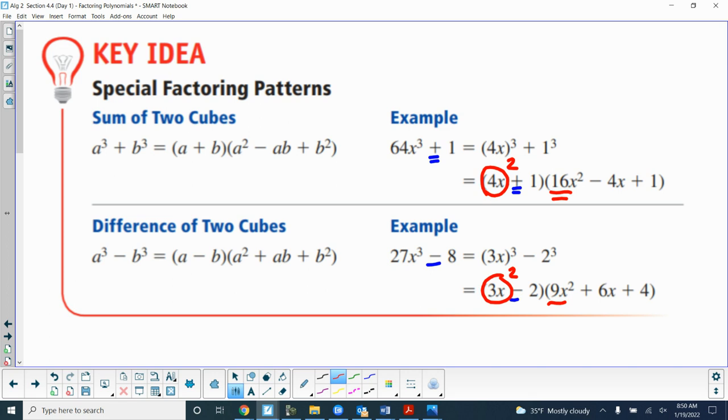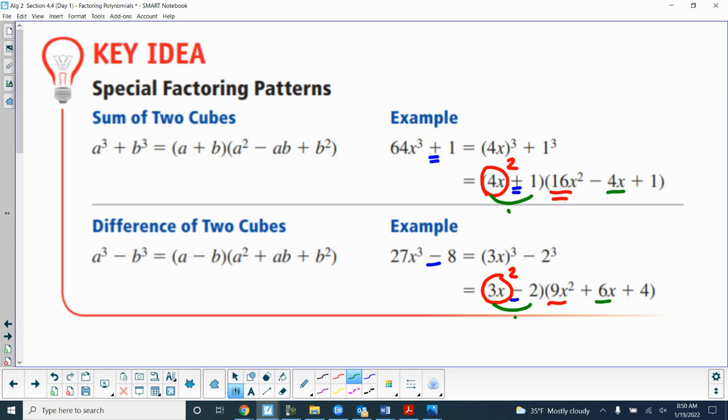Okay? To get the middle term of the trinomial, all right, you multiply these. What's 4x times 1? 4x. What's 3x times 2? 6x.